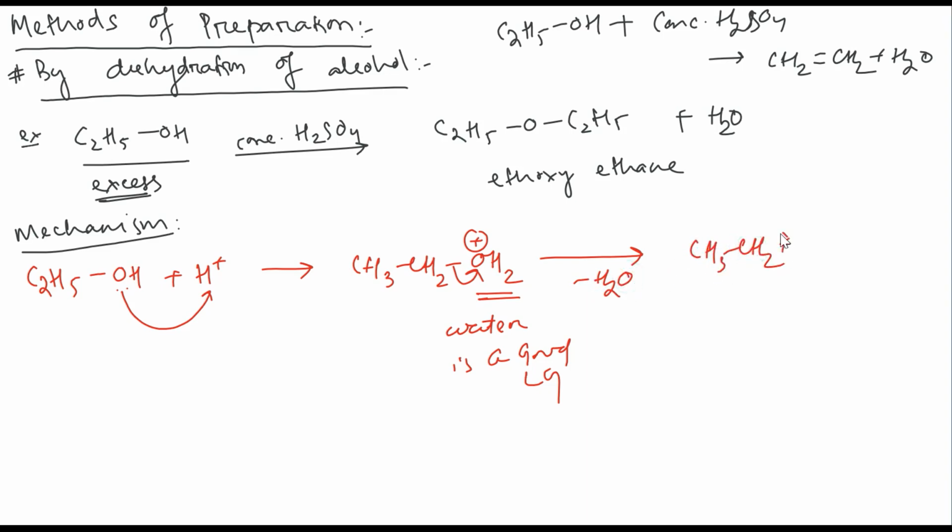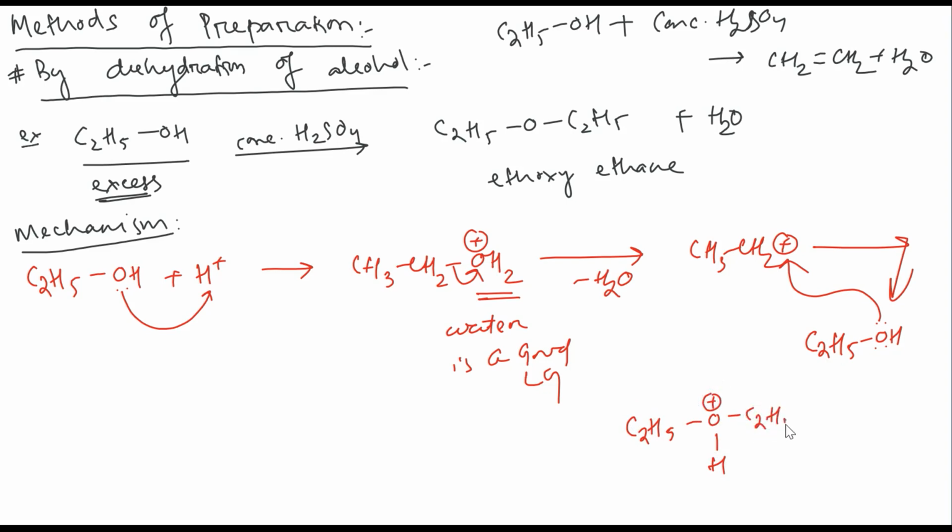To this carbocation, the remaining ethanol will act as a nucleophile. C2H5OH, the lone pair on oxygen will act as nucleophile and attack the carbocation, and there will be formation of C2H5OH+ bonded to C2H5.